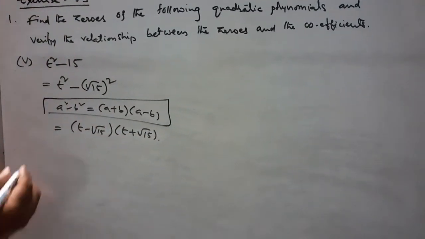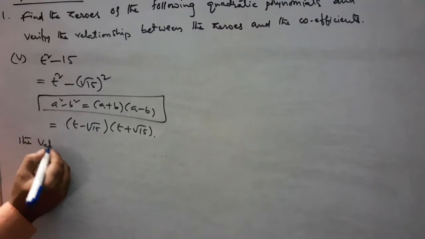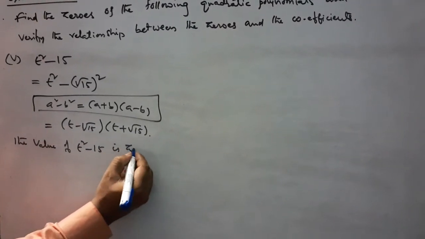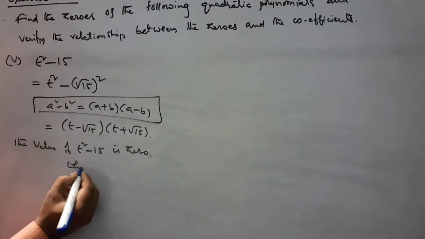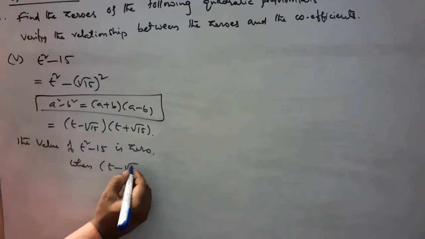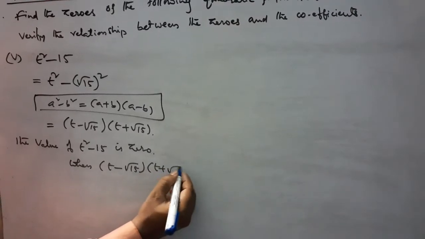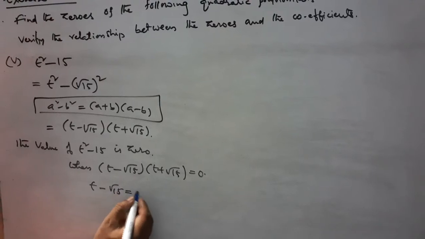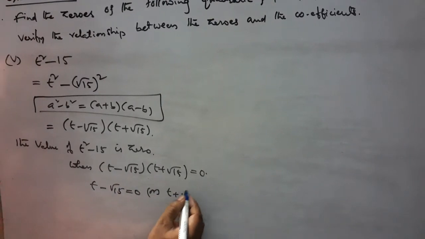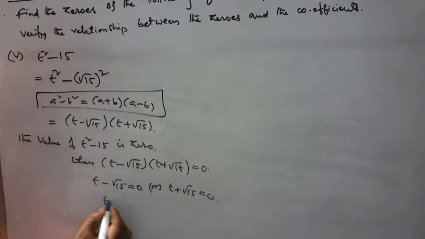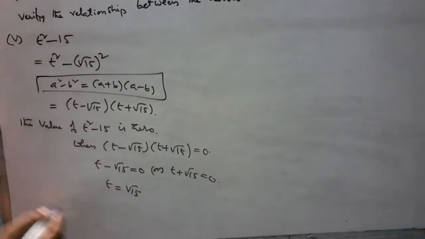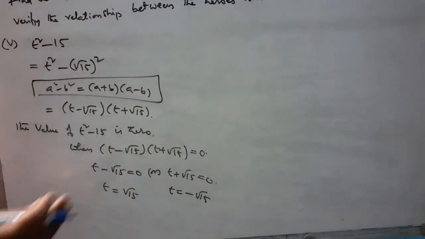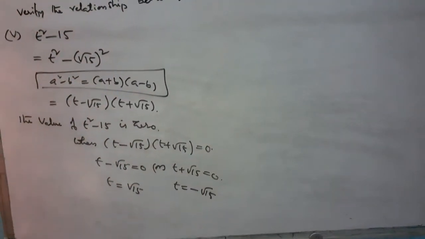So the value of t square minus 15 is 0 when t minus root 15 into t plus root 15 equals 0. So t minus root 15 equals 0 or t plus root 15 equals 0, so t equals root 15 or t equals minus root 15.